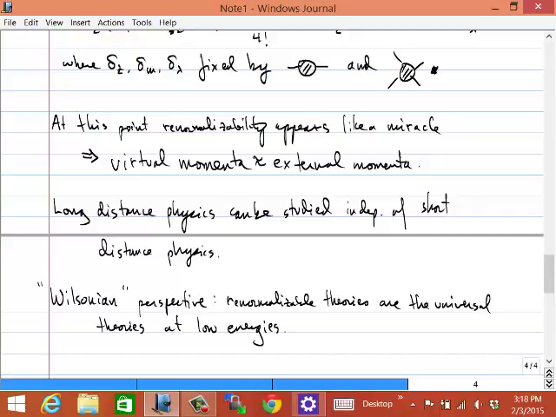In particular, the renormalizable theories that we've been discussing, not just quantum electrodynamics, but all of those scalar field theories that I wrote down for you earlier, the Yukawa theory that you'll be studying in your problem set, are not some special, highly finely tuned object that we just happened to be so lucky to find ourselves living in, but rather these are the generic behaviors of theories when you study them at very long distances or very low energies.